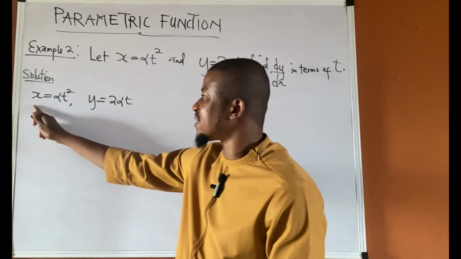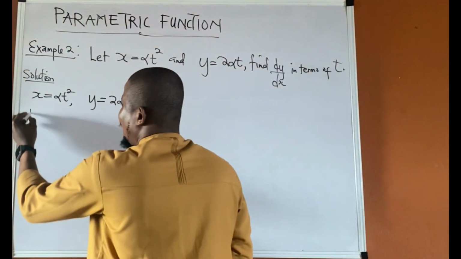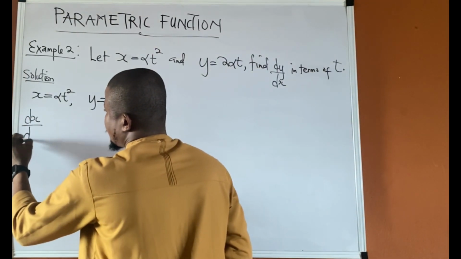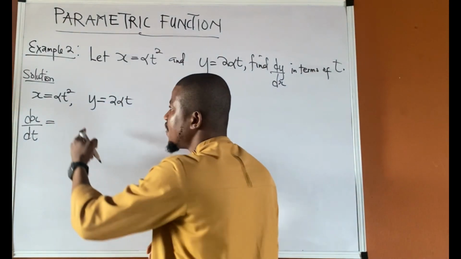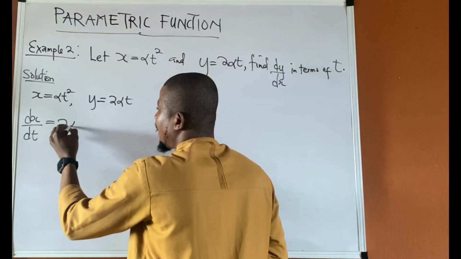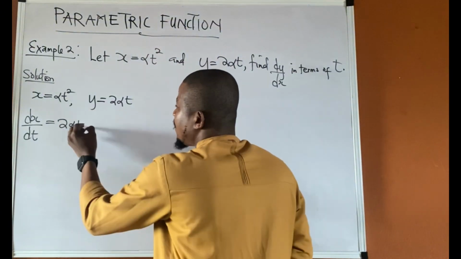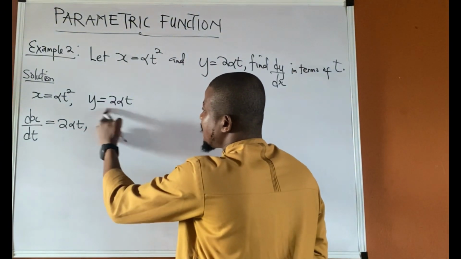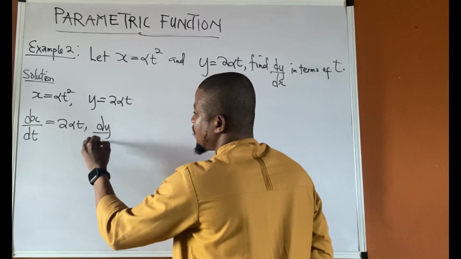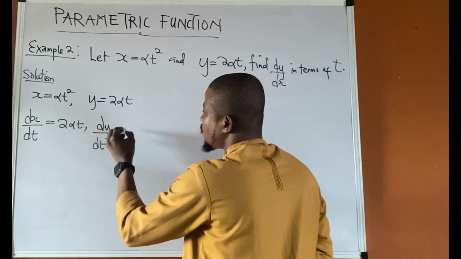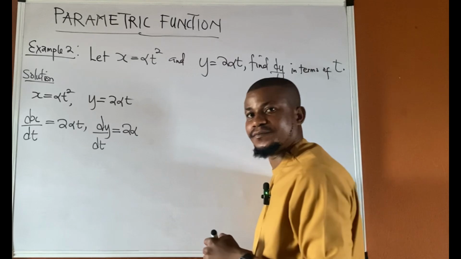So let's differentiate x with respect to t. Our dx/dt would be, now this alpha is a constant, so this will be 2 alpha t. Right, now the next is to differentiate y with respect to t. Our dy/dt would be 2 alpha.